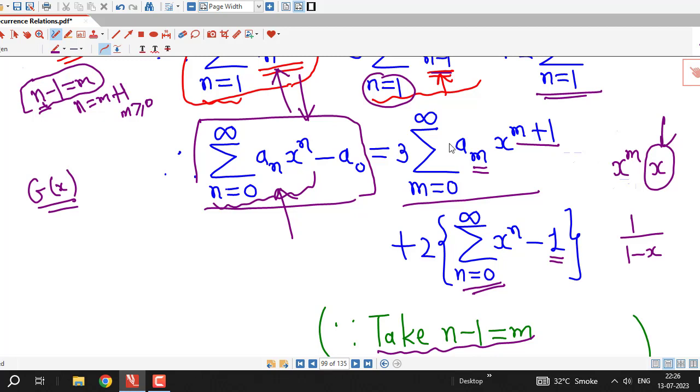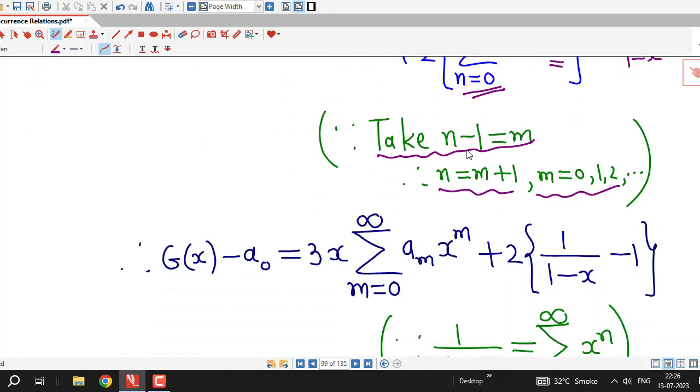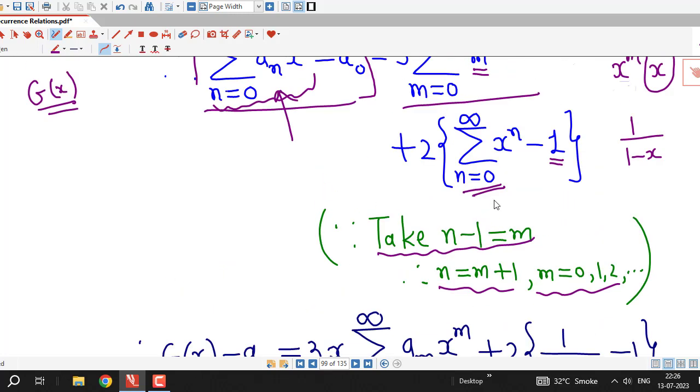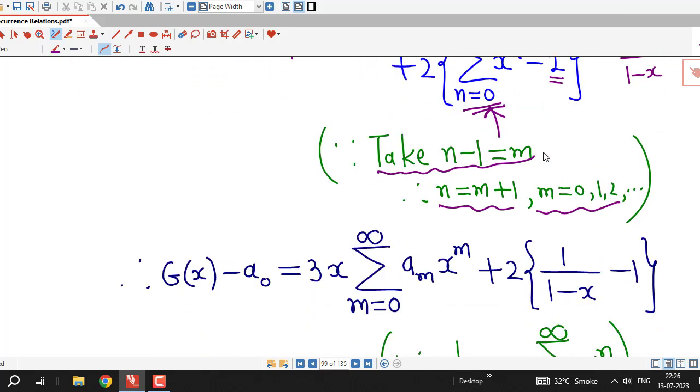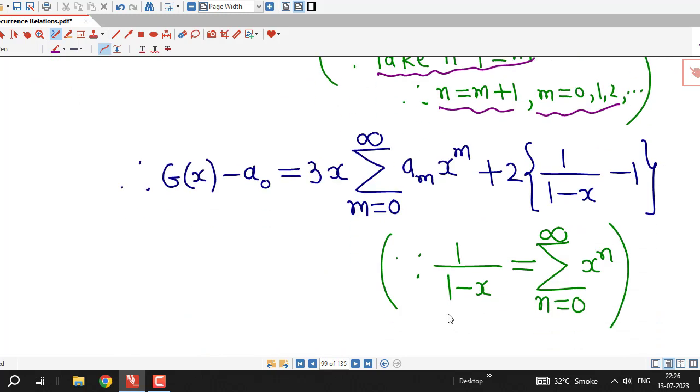Here x is taken outside the summation and we are left with sigma a_m x raised to m. This is replaced by 1 over 1 minus x and minus 1. And I have written here, because 1 over 1 minus x is sigma x raised to n, n equal to 0 to infinity. And we know that this is valid if mod x is less than 1.